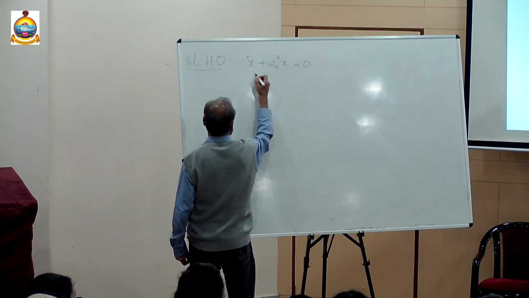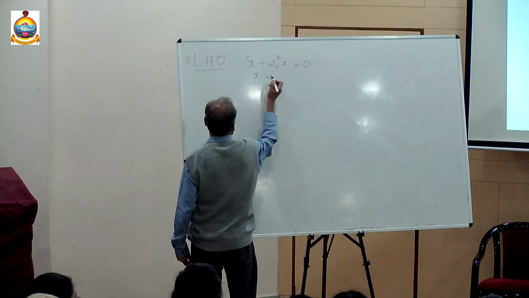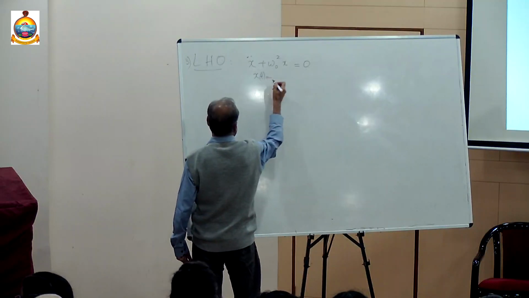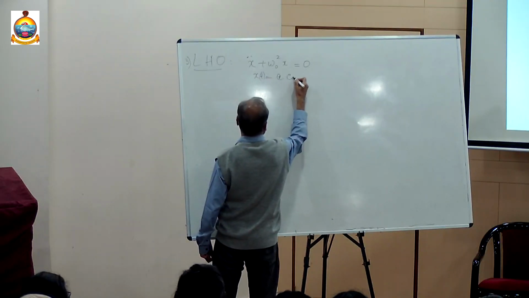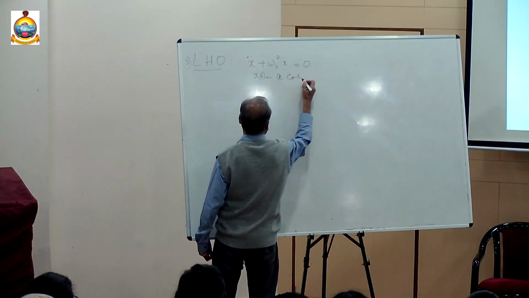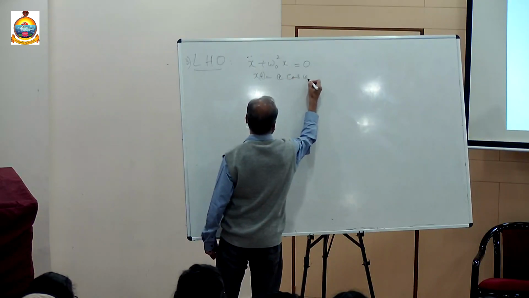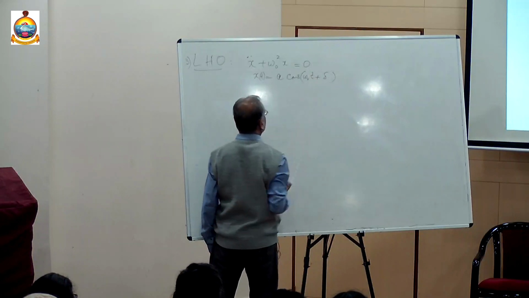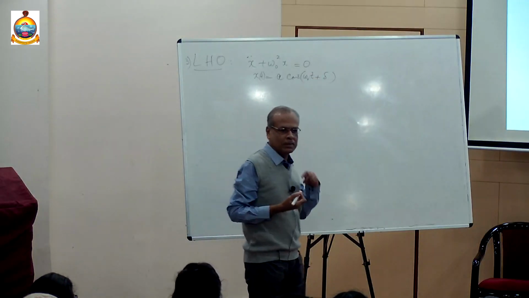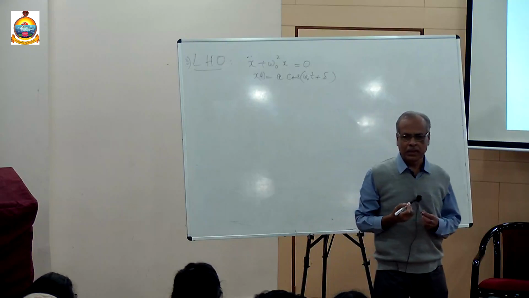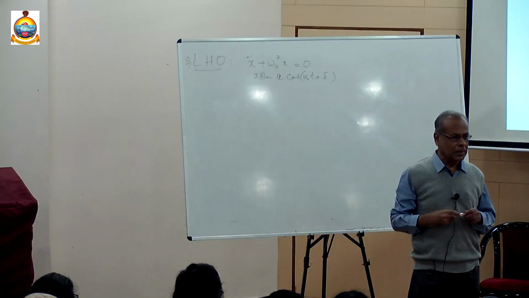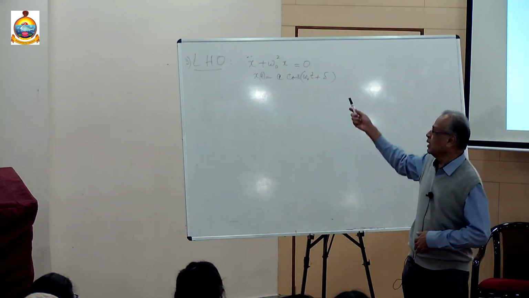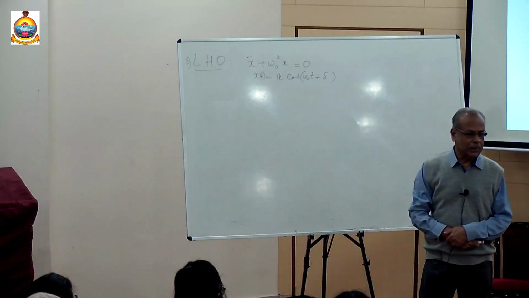And then to start with, I wrote the general solution as a cos(omega naught t plus delta), where a is an arbitrary constant. So is this the general solution of this second order differential equation?